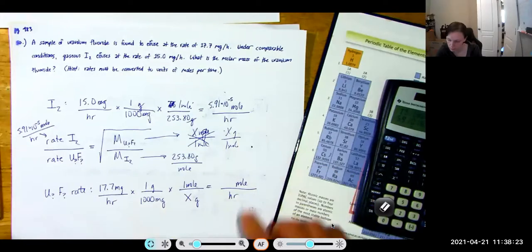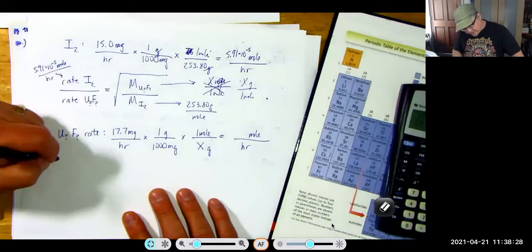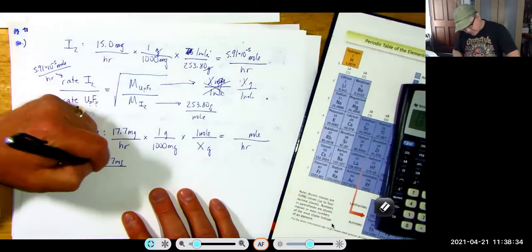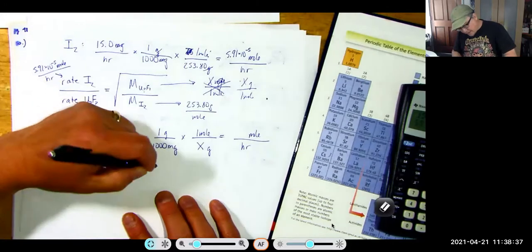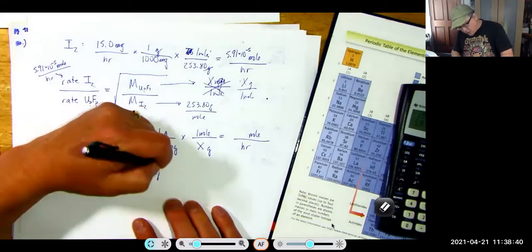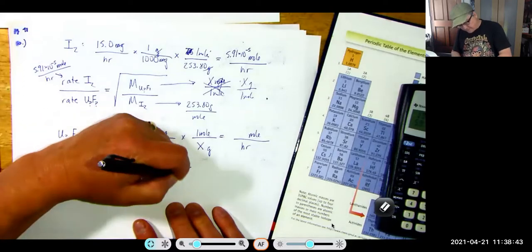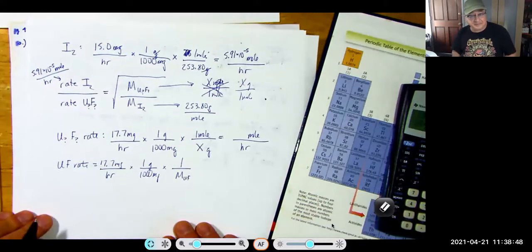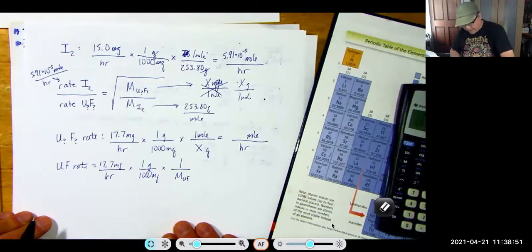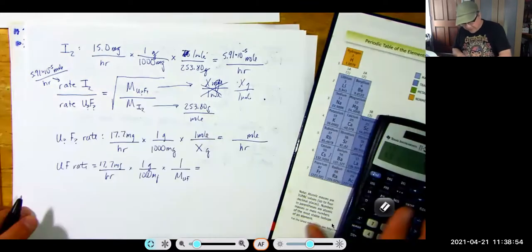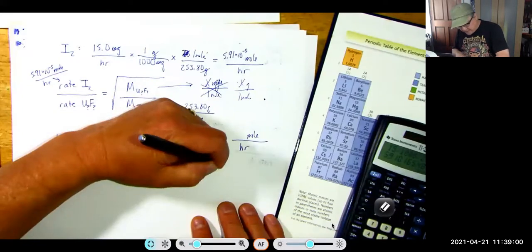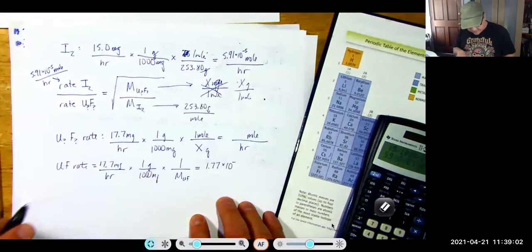Aren't these the same thing, but a little bit different? Yeah. So can I write this, that this UF rate is 17.7 milligrams per hour times 1 gram per 1,000 milligrams times 1 over the molar mass of UF? Can I write that? Yeah. Okay, and what do we get here? We get 1.77 times 10 to the minus 2, I think.